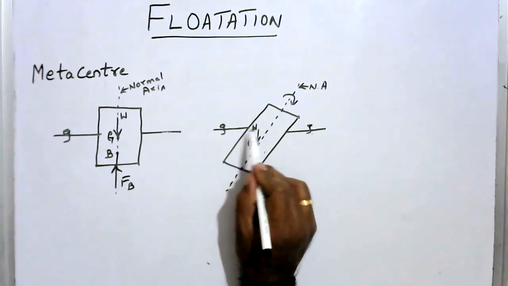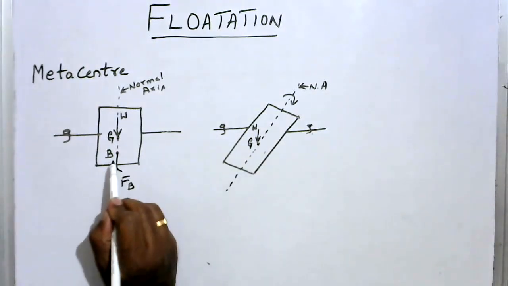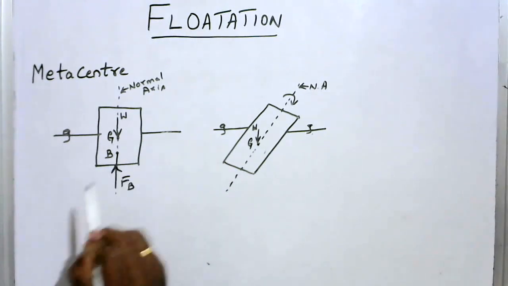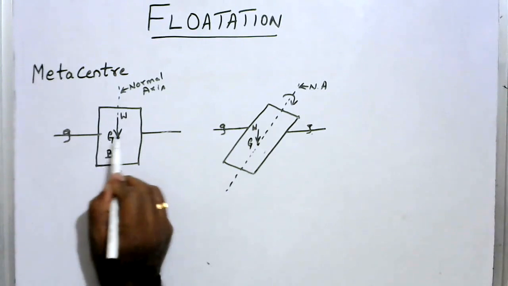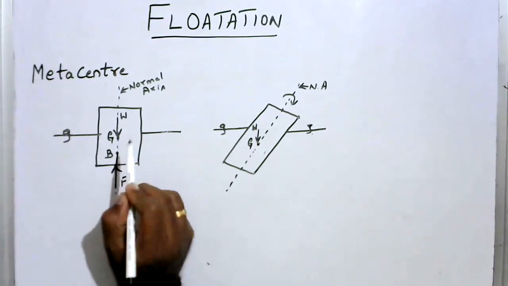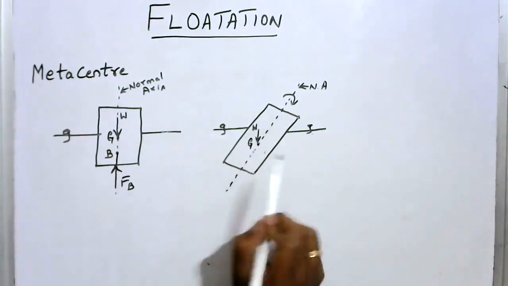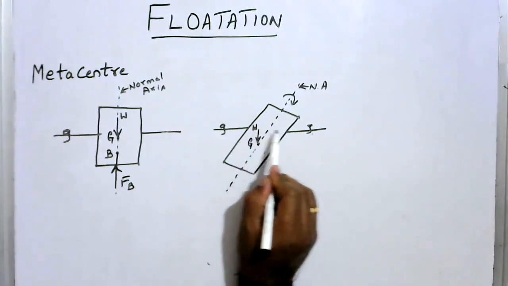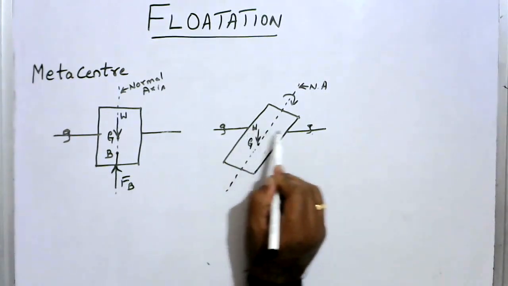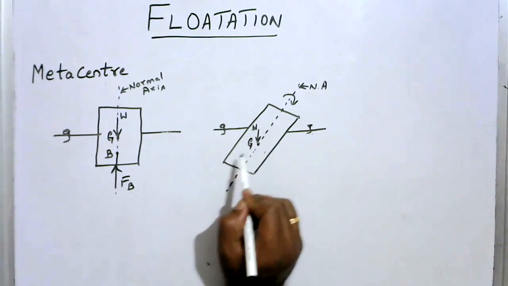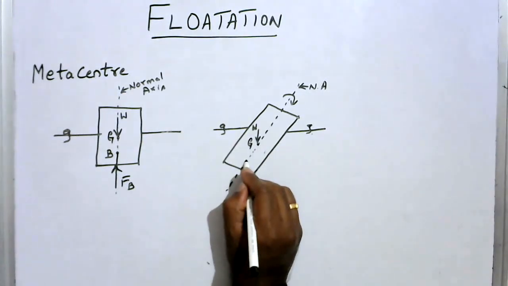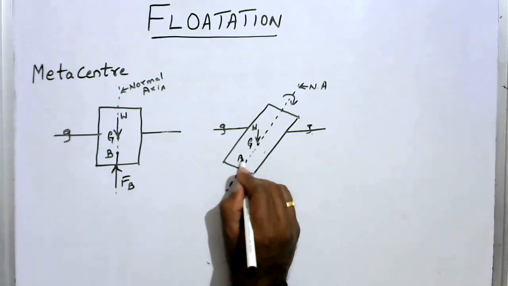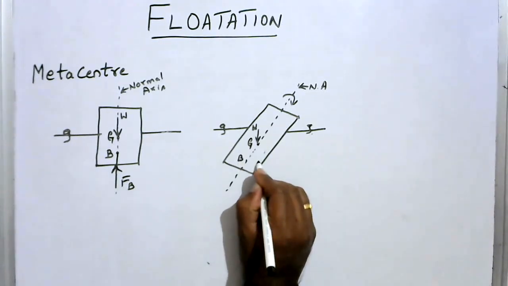Since the body is oscillated, you observe the center of buoyancy will also shift. Why will the center of buoyancy shift? Because here you observe this is the depth of immersion. Since we have given an oscillation in clockwise direction, the body is tilted and the volume of the immersed part changes. As the volume of the immersed part changes, the center of buoyancy, which was earlier at the point B, will shift to the new point.